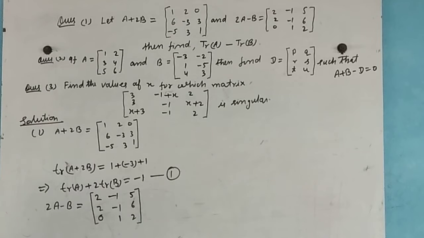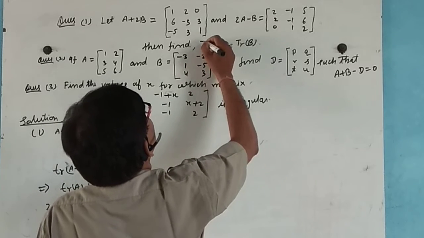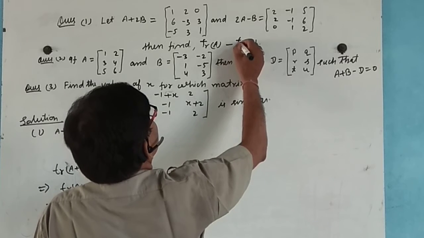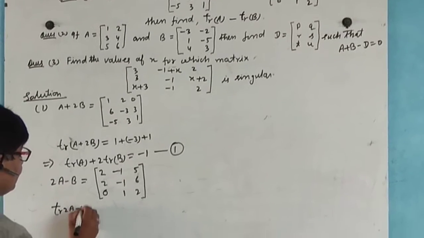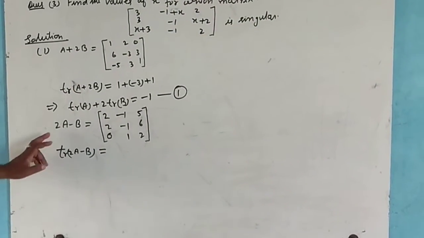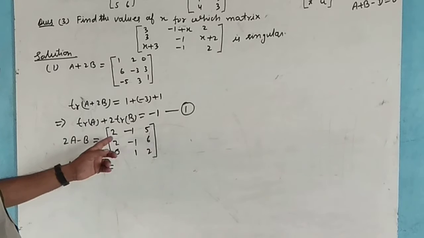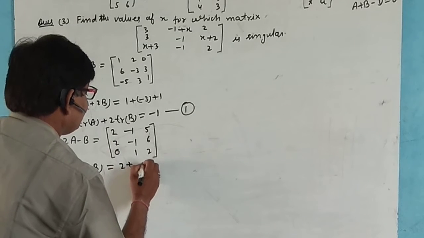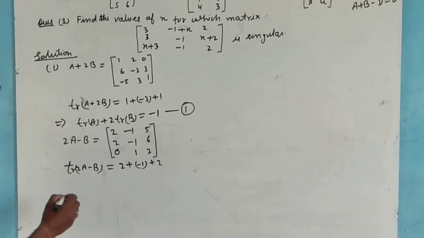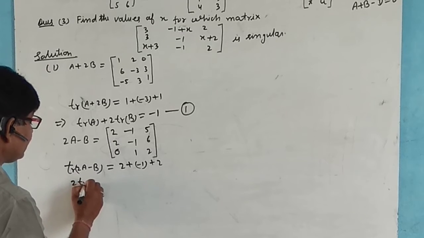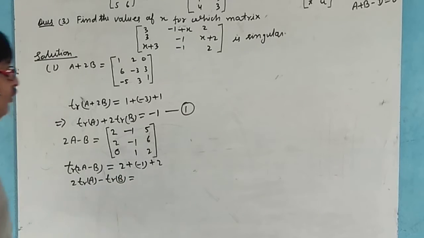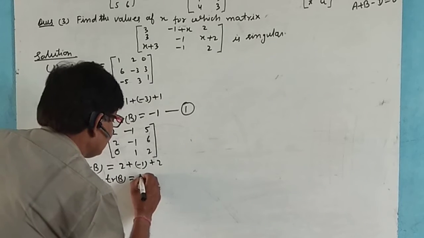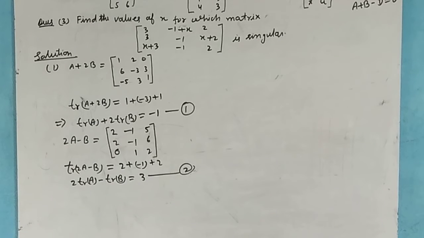In this case, trace of 2A minus B is also the sum of the elements of the principal diagonal, 2 plus minus 1 plus 2, and this can be written as 2 trace A minus trace B. Here this is equal to 3. This is the second relation.